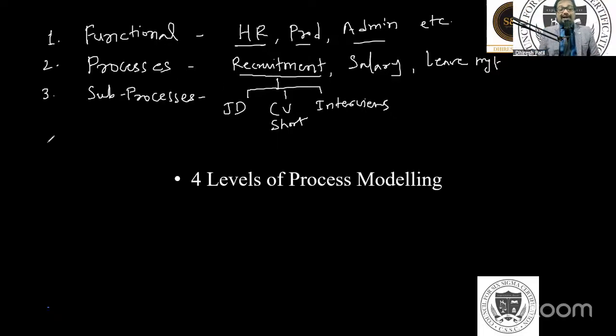Now, the fourth level is the activity level. What is activity level? Let's say you have to shortlist the CV. This is a sub-process which you have to break down further to the activity level. So, CV shortlisting: your activity will be login to naukri.com.